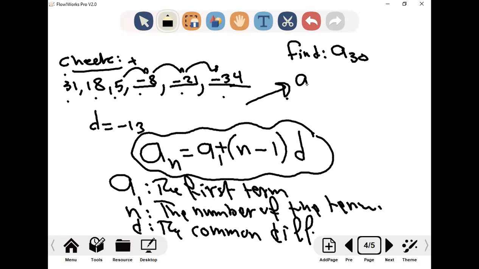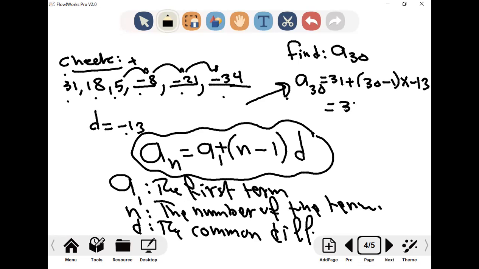So A30 equals A1, following the formula. A1 is 31, plus n minus 1, which is 30 minus 1, all multiplied by D. D is -13.